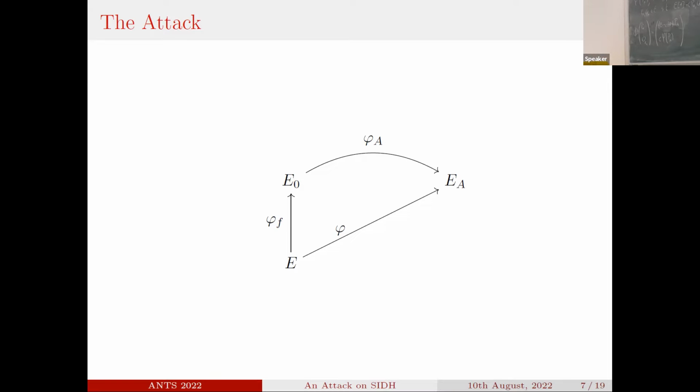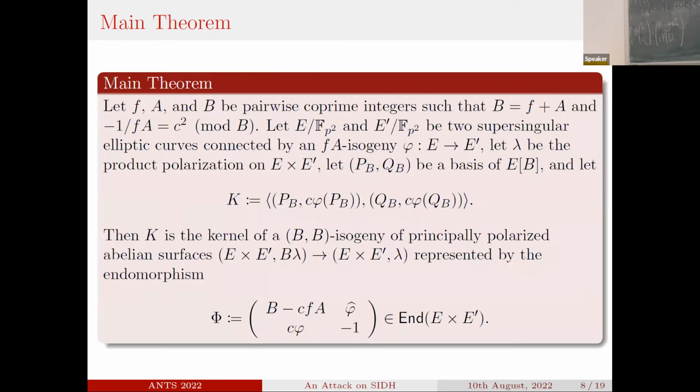So now I'm going to show the theorem, and I mean, this description of the attack is kind of clear. Okay. So for the main theorem, we need 3 pairwise coprime integers f, a, and b, such that b is equal to f plus a.